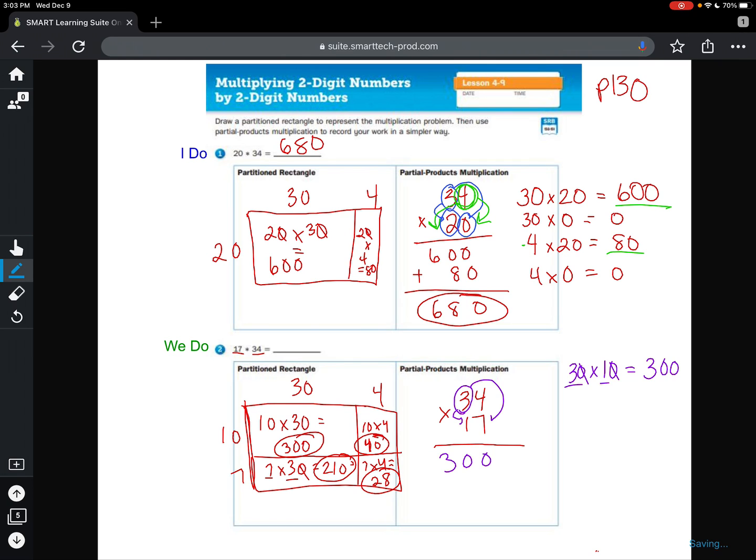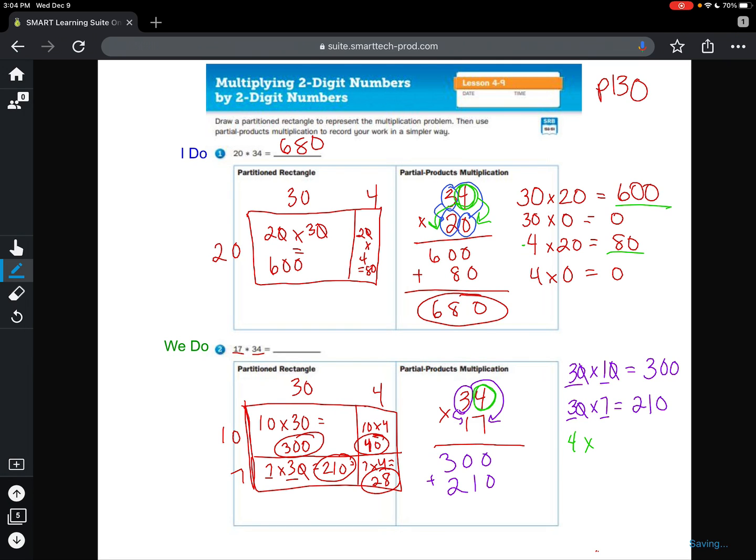Then I need to do 30 times 7, because my 30 needs to meet up with my 7. I know that 7 times 3 is 21, and I have 1 zero. So I'm going to add 210 down here. Now I'm ready to move on to my ones place.